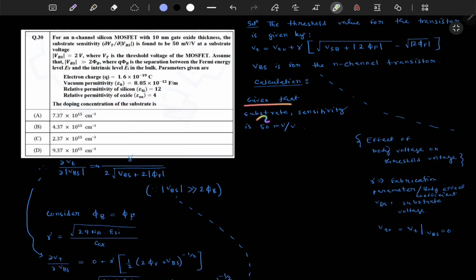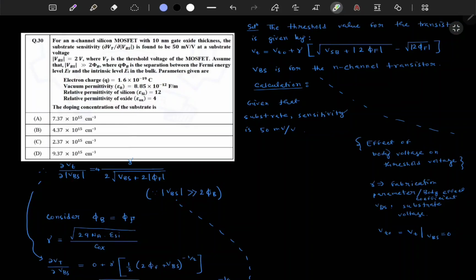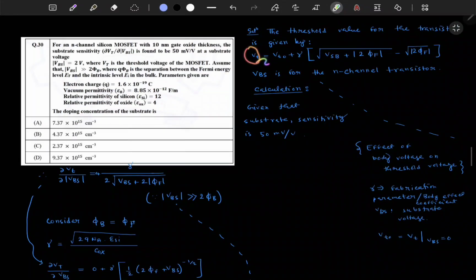Given that the substrate sensitivity is this one, it tells how much the threshold voltage can change with respect to the substrate voltage change. So here we can take the derivative with respect to VBS. SB or BS: BS is for the n channel and SB is for the p channel. In our case it is n channel, so it will be BS.